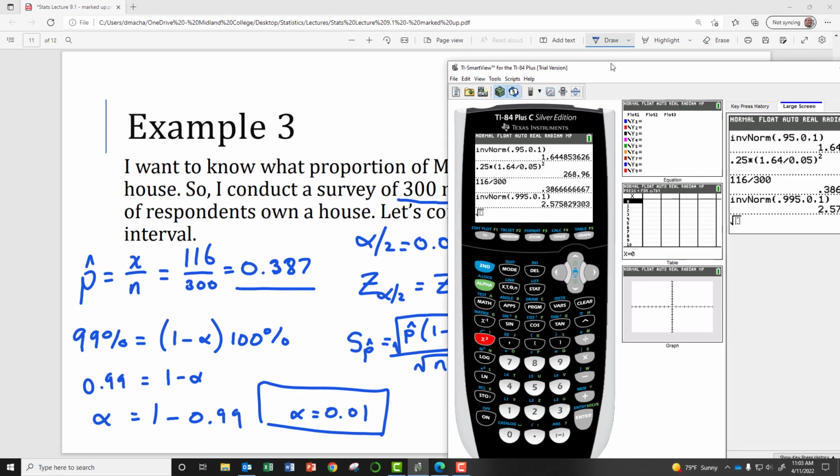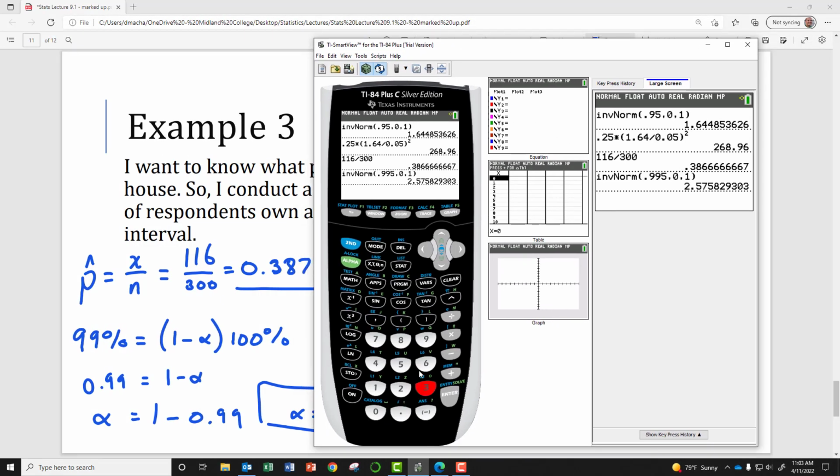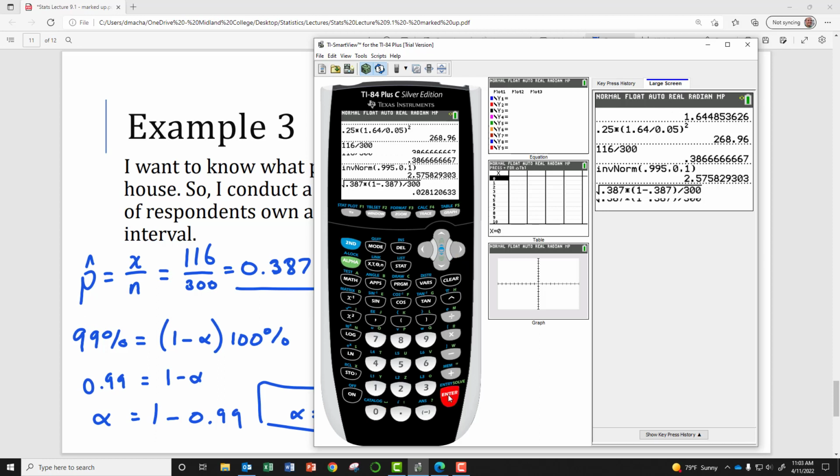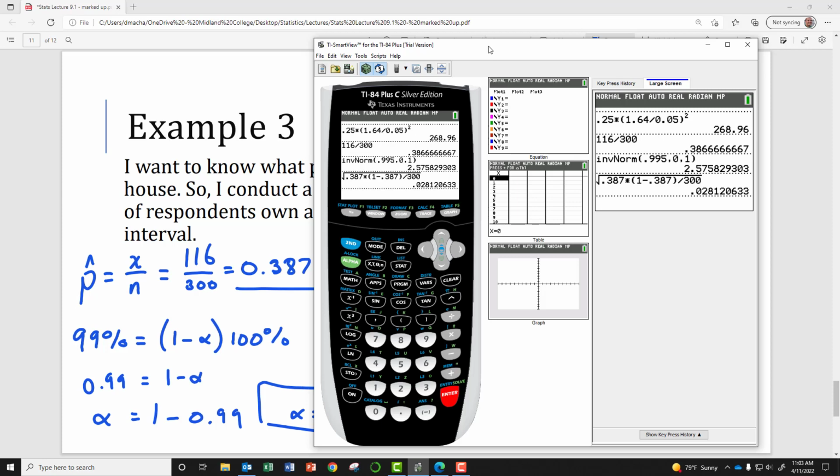We're going to do p hat, 0.387 times 1 minus p hat, so 1 minus 0.387, divided by my n, which is 300, and all of that's under one big square root radical. And so that's 0.0281.